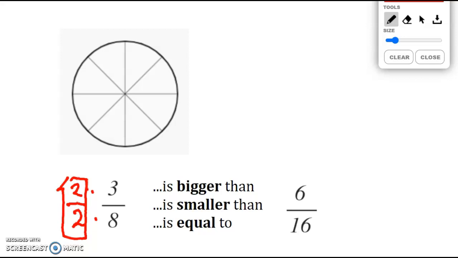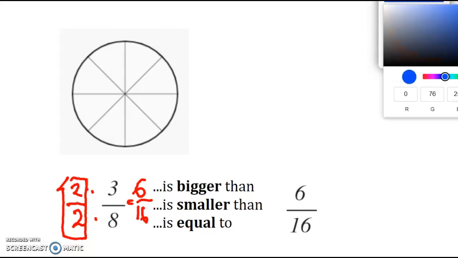So 2 times 8 becomes 16, and 2 times 3 is 6. Remember, when you're multiplying fractions, you always multiply across. So 3 over 8 is the same as 6 over 16. They are actually equal.